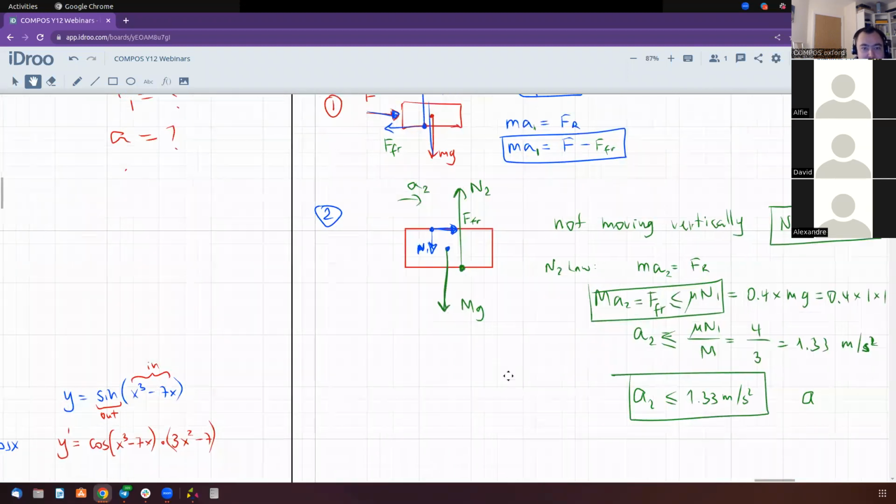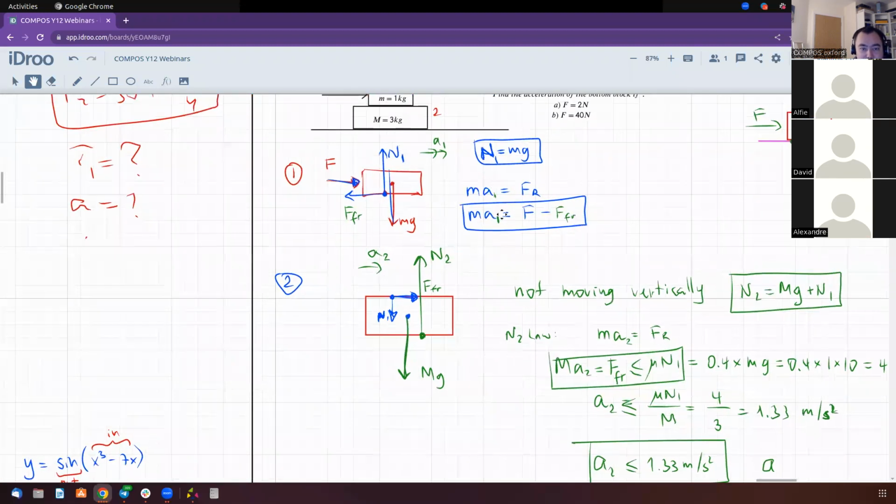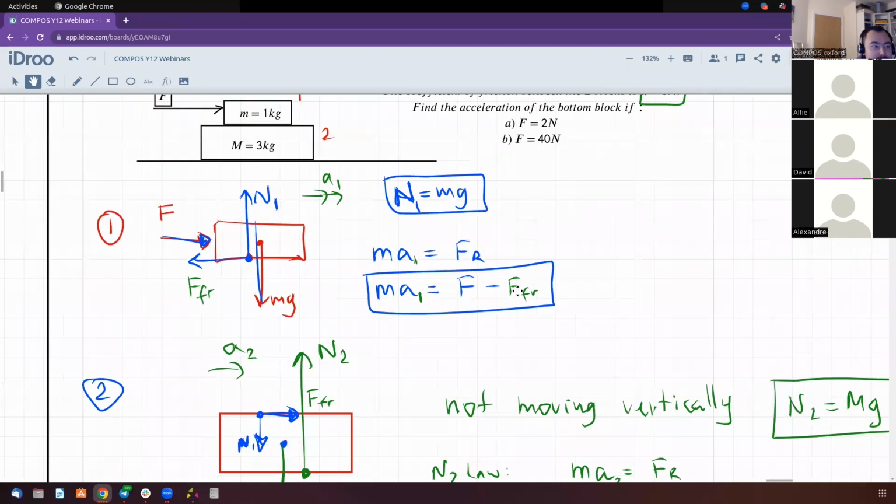Now, A2. So now let's have a look here. M A1, so it's 1 kilogram multiplied by A1, is equal to the pushing force, which is 2 newtons, minus the friction force.